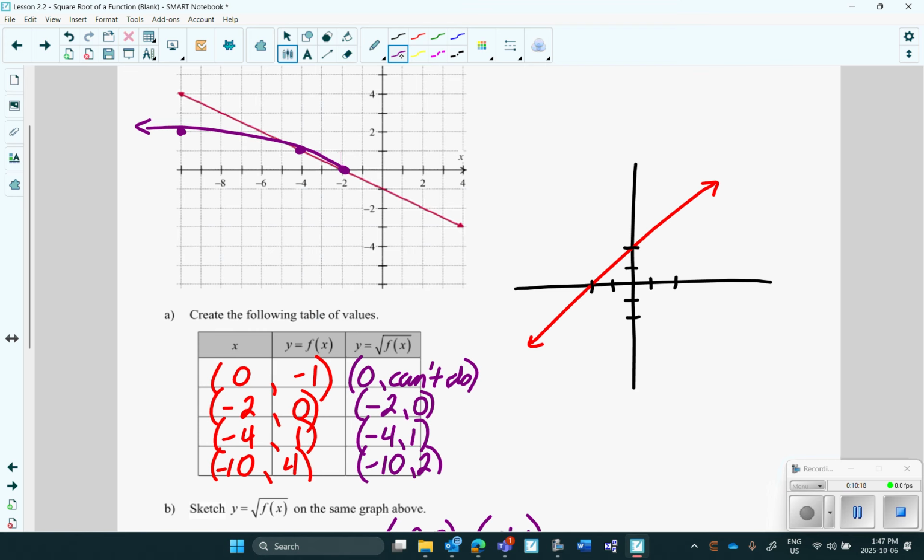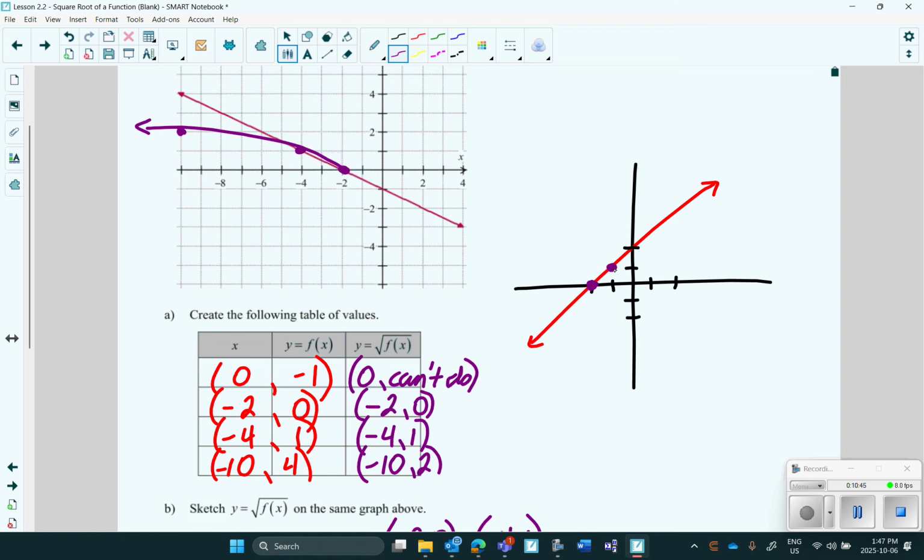Where is there a point on the square root where y is 0, right? What point on this graph is y 0? So this is on the square root. What other point where y is 1, which is here.